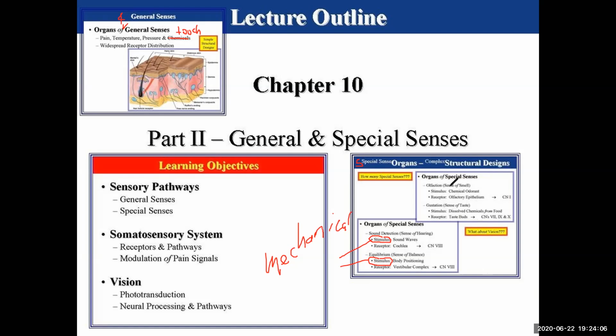Whereas for the sense of smell and sense of taste, the stimulus is chemical. So they would deal with chemical stimuli. So mechanical stimuli versus chemical stimuli.